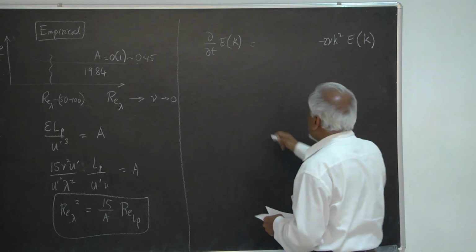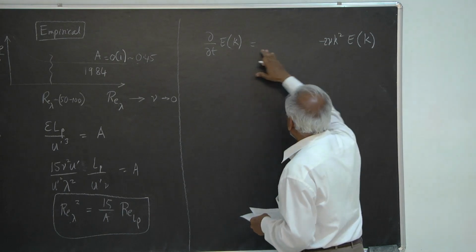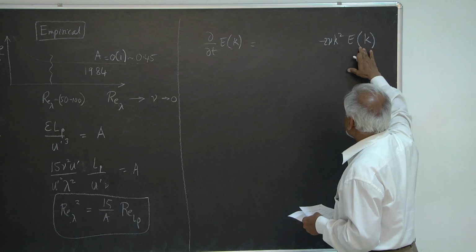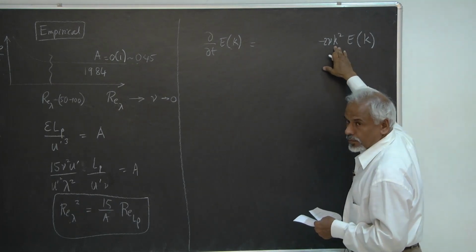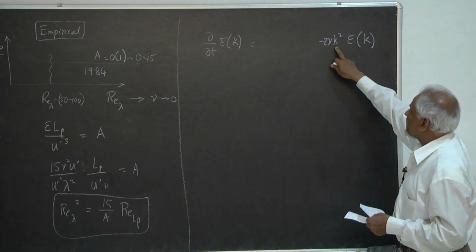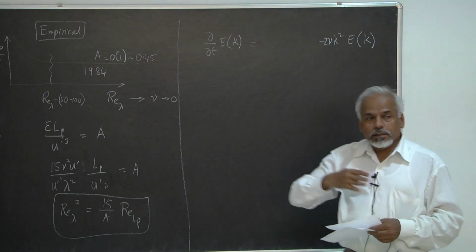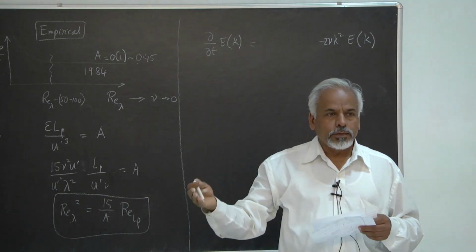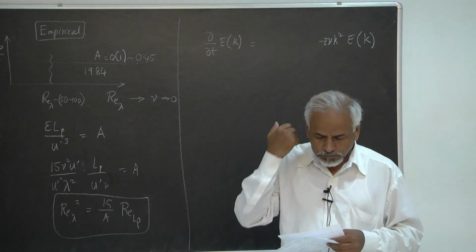So the rate of change of energy at any given k, some of it is being dissipated, and in fact it is proportional to how much energy it has, with a k squared here. You can imagine that the larger the k, the larger the dissipation, that is, the higher the frequency. If you want to convert wave number to frequencies, the higher the frequency of fluctuations, the faster it decays.